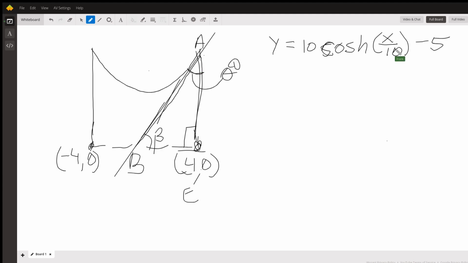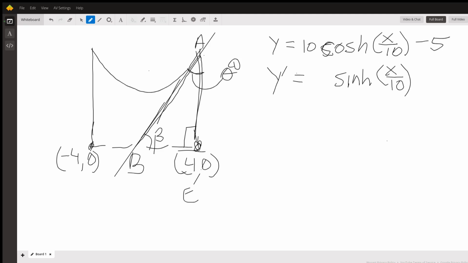And what's the derivative of that? Well, the derivative of hyperbolic cosine is hyperbolic sine of x over 10. The derivative of -5 is 0, so that drops out. And then times the derivative of what's inside: the derivative of x over 10 with respect to x is just 1/10, and 1/10 times 10 is 1. So that's it, hyperbolic sine of x over 10.